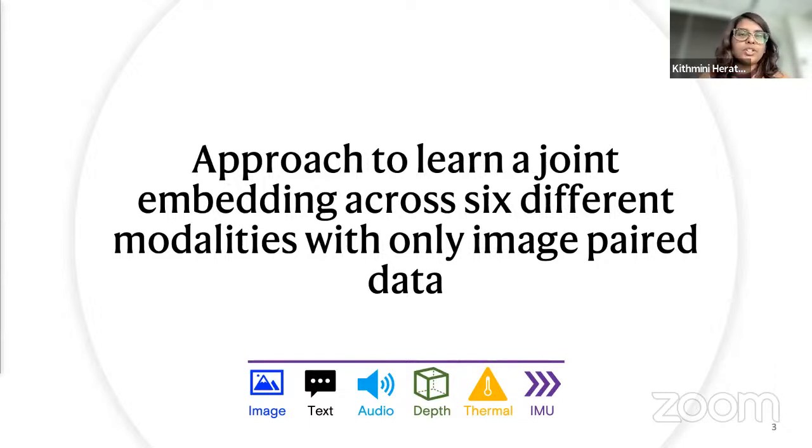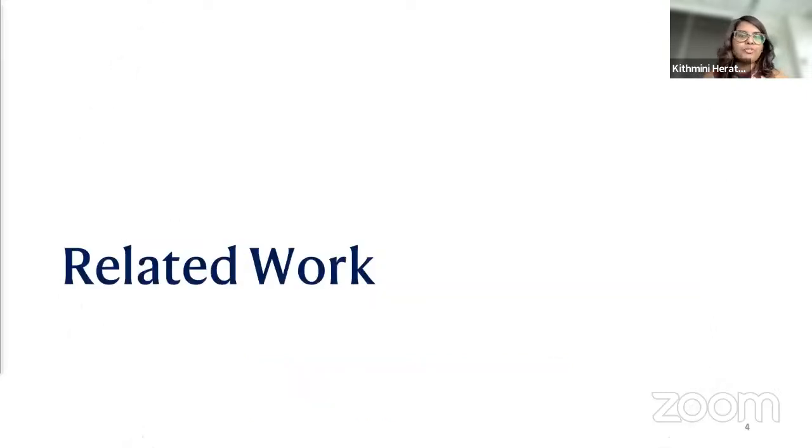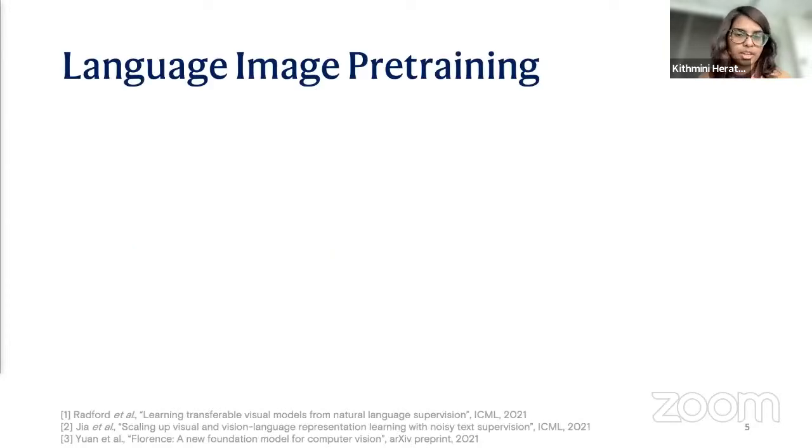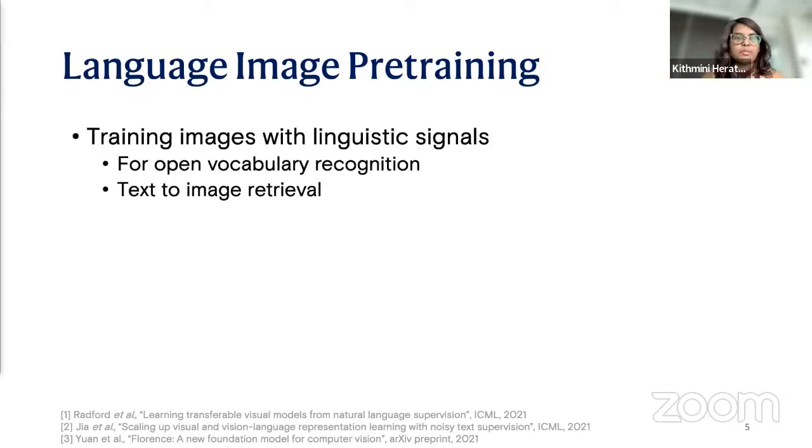So moving on, before we see their approach, let's look at the related work here. When it comes to learning joint embedding spaces, there has been a lot of work on language and image. There are models that train images with language signals to do tasks such as open vocabulary recognition and text-to-image retrieval.